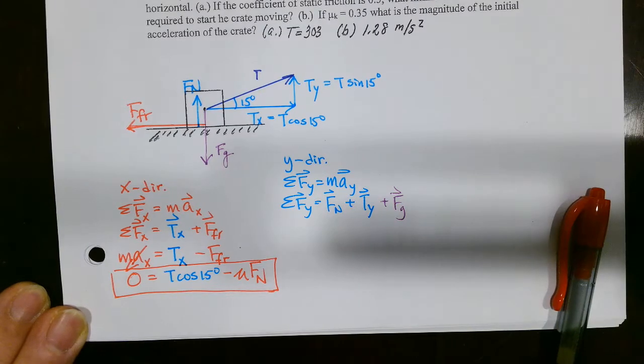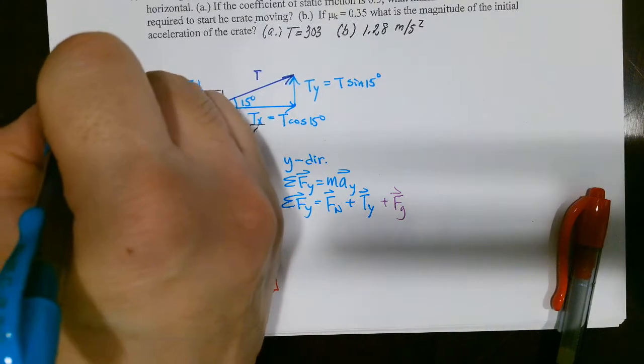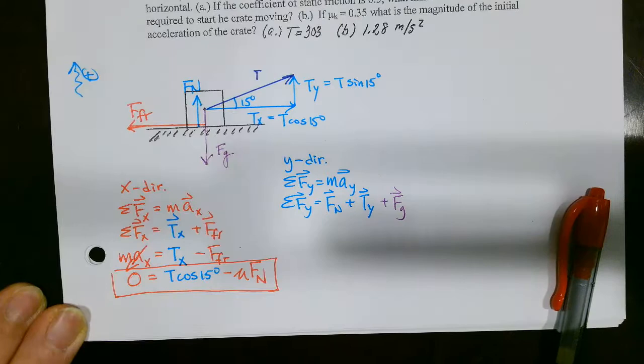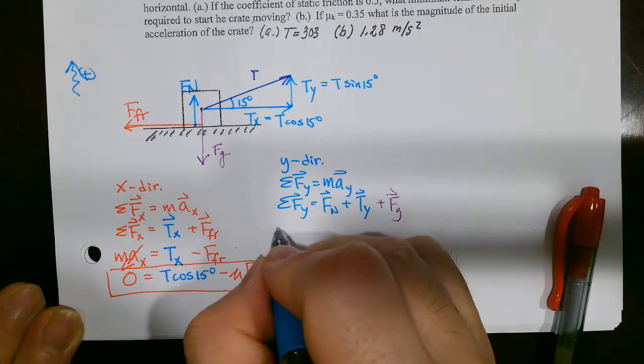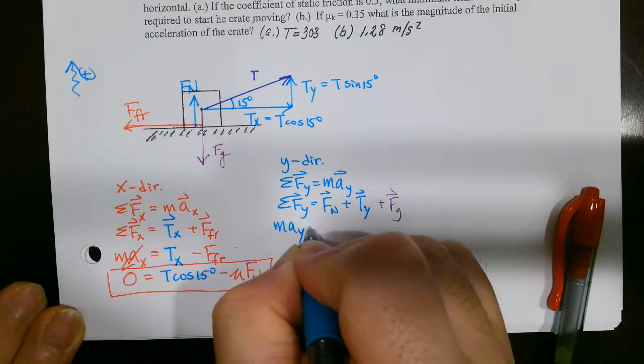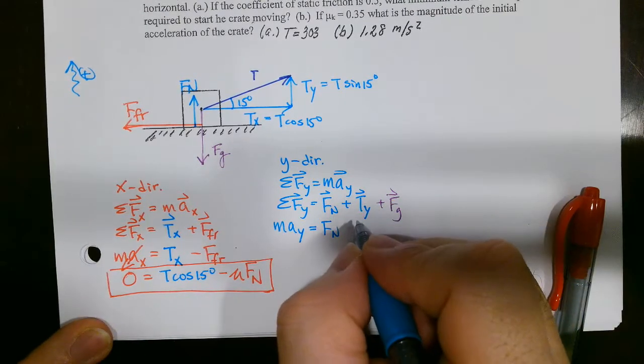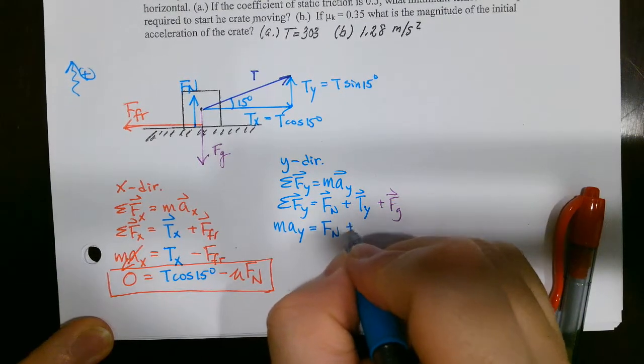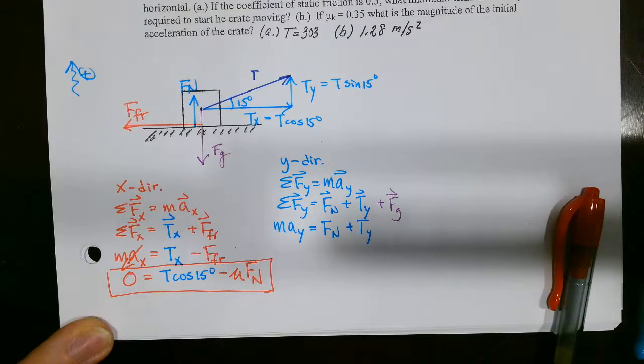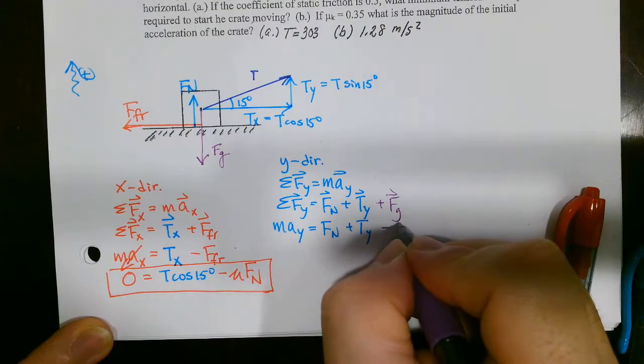I'm going to consider the up direction positive. So may is equal to F normal positive, Ty positive, Fg negative.